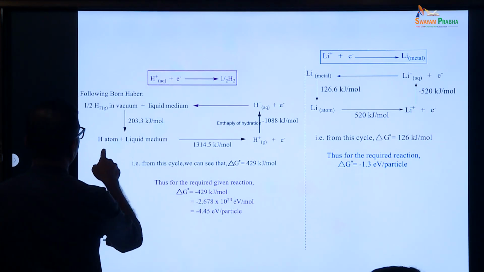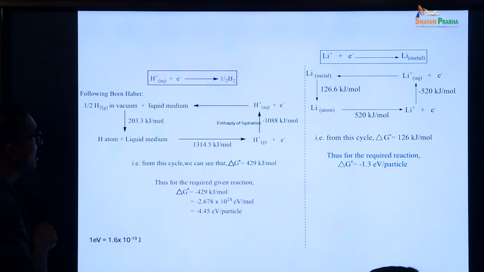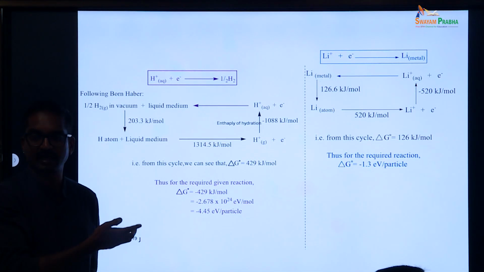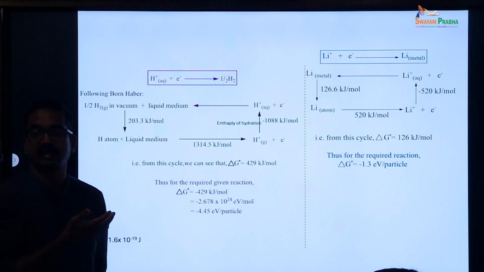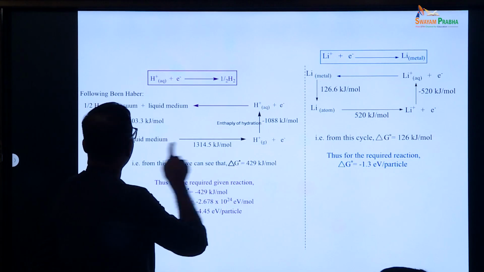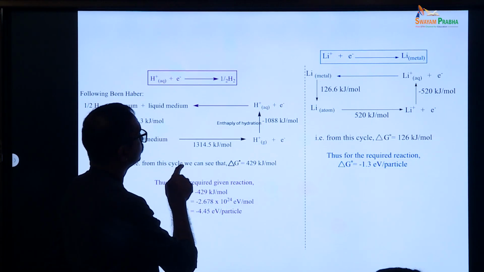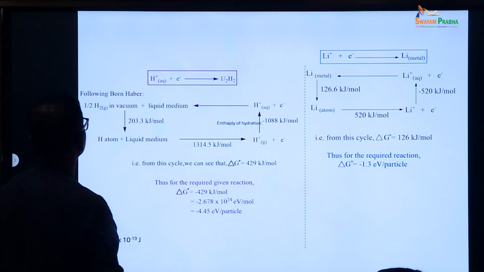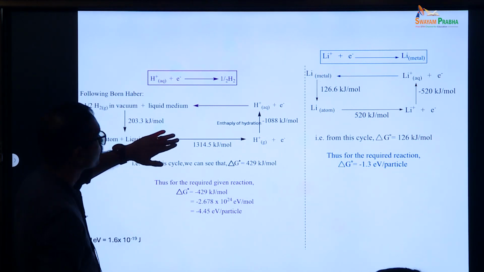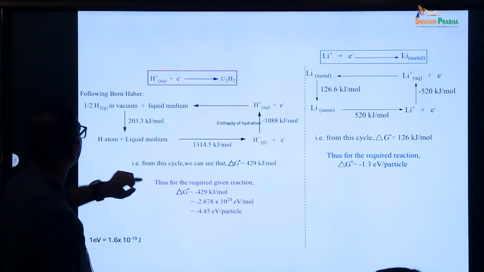Let's have it separately. Now we have a hydrogen atom. What are we going to do now? We are going to oxidize this hydrogen atom. So you will get a hydrogen ion gas. Now imagine this liquid is interacting with this. Then what will happen? The hydrogen ion gas will have an ion-dipole interaction with water molecules.